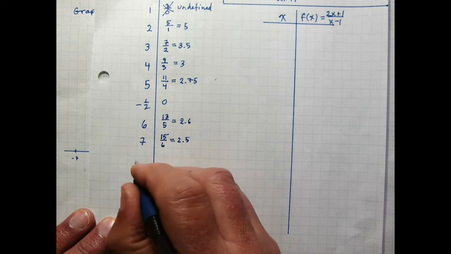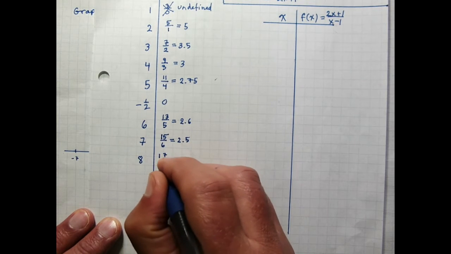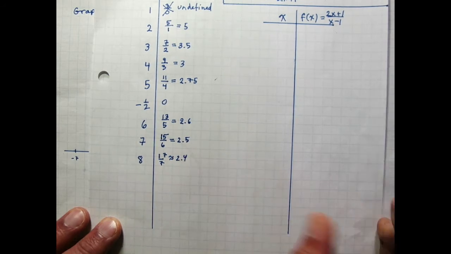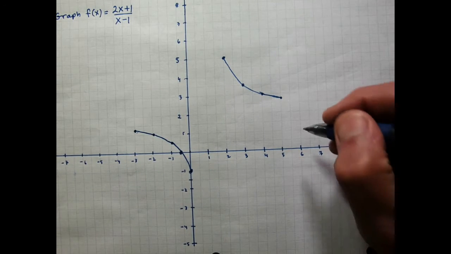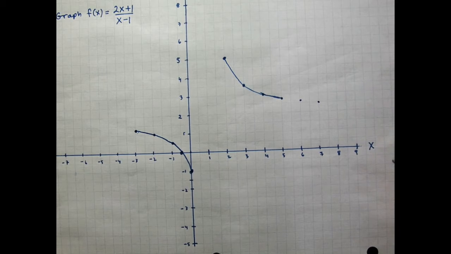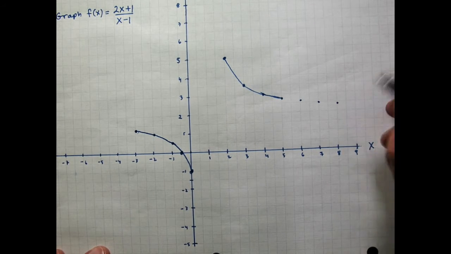If I plug in 8 into the function, I'm going to get 17/7, which is about 2.4. So let's see, 6, 2.6, 7, 2.5, 8, 2.4. We're going down a little bit.